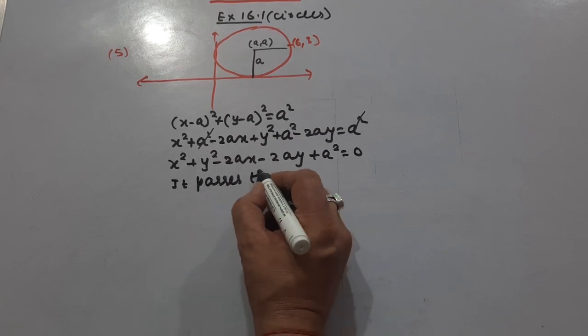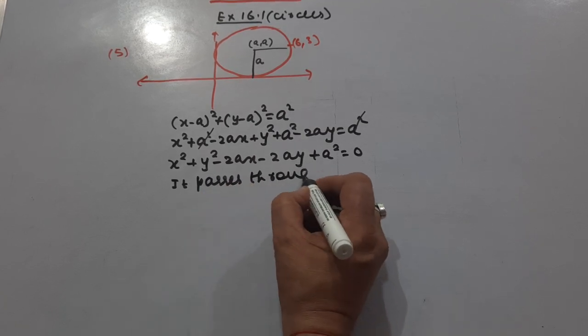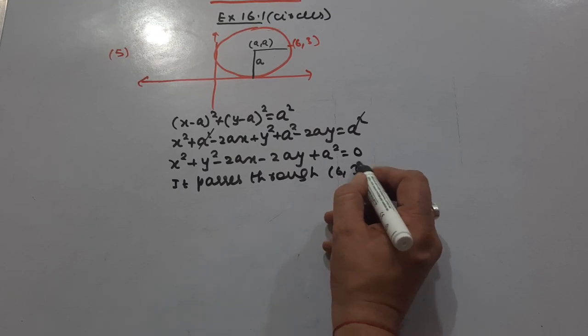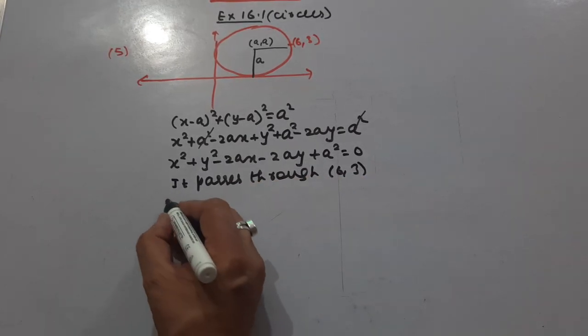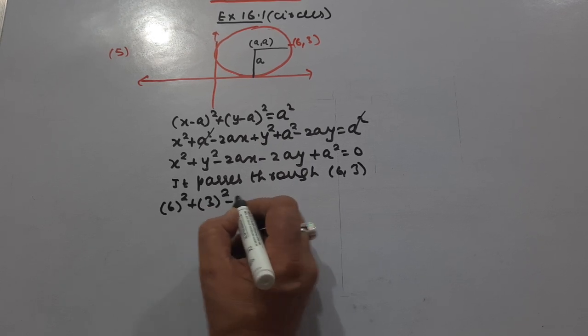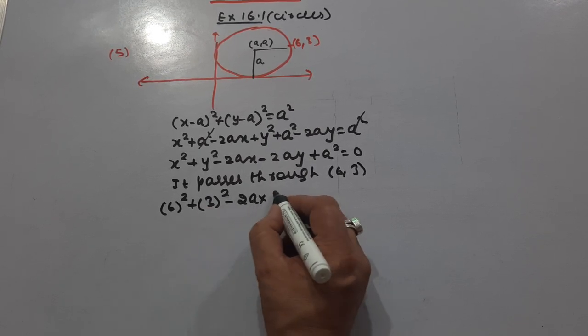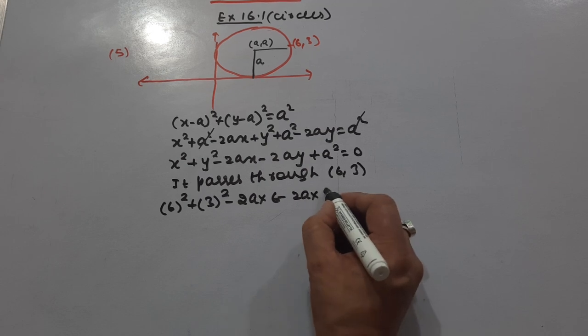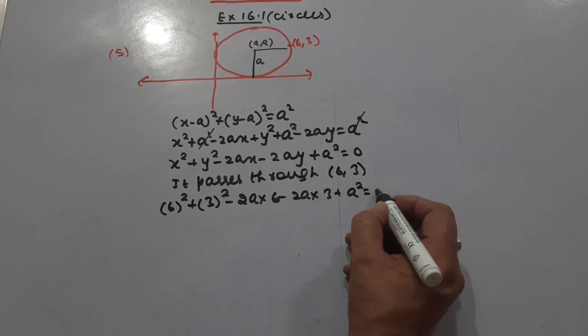It passes through (6, 3). So putting x equal to 6 and y equal to 3, we get 6 square plus 3 square minus 2a into 6, minus 2a into 3, plus a square equal to 0.